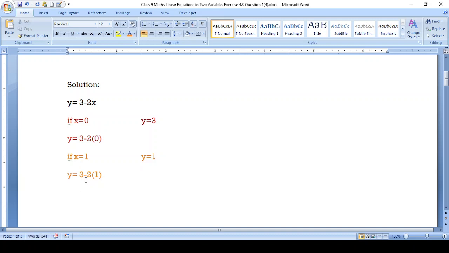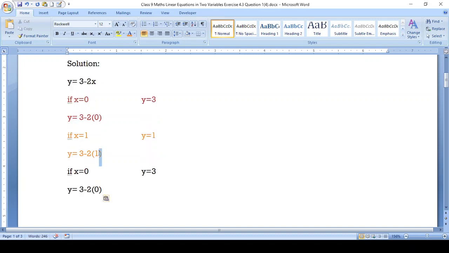Then for a different case, x = 2, what will be the value of y? 2 into 2 is 4 with a minus sign, and we add 3 to it, so it gives us minus 1. So if x is 2, then y is -1. These three are the most important points which we have to plot in the graph.